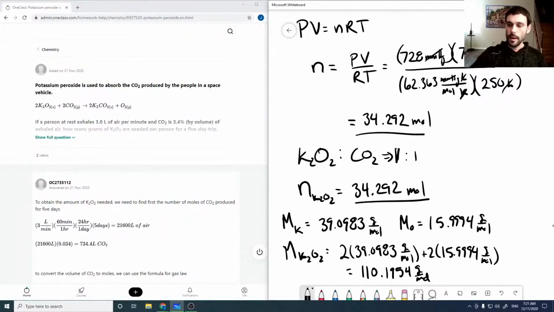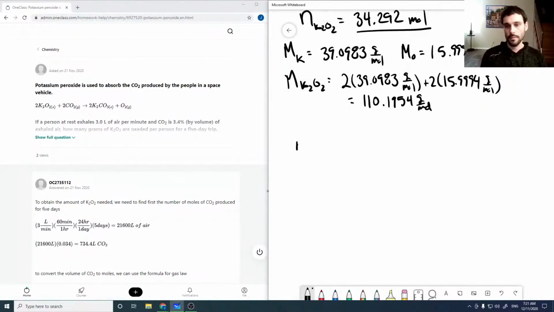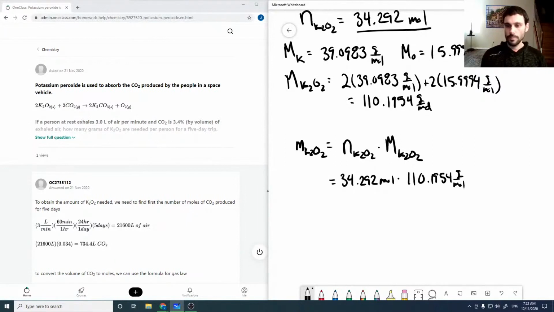Okay, and so we have our moles, we have our molar mass, so that means our mass of K2O2 is just our moles times our molar mass, which comes out to be 34.292 moles times 110.1954, which when we run this through our calculator is 3778.82 grams.